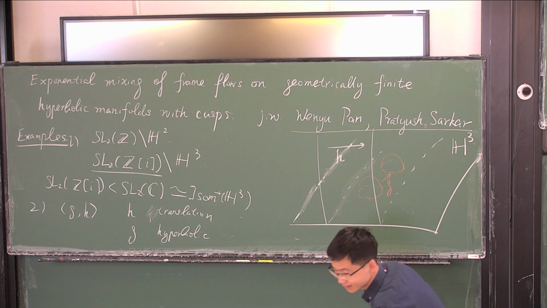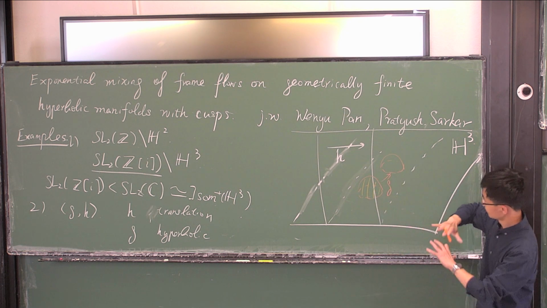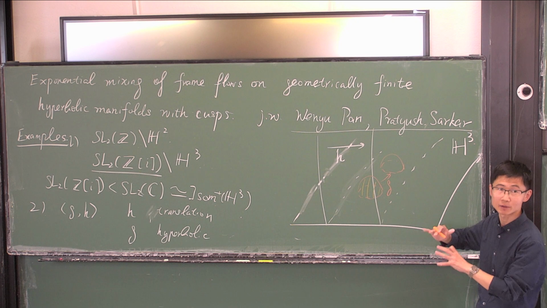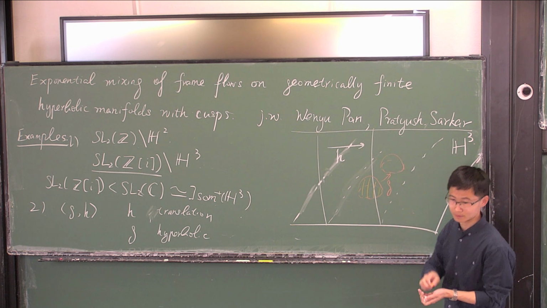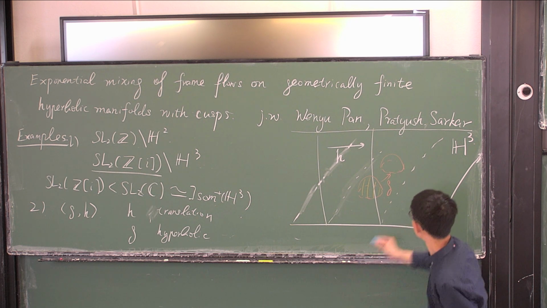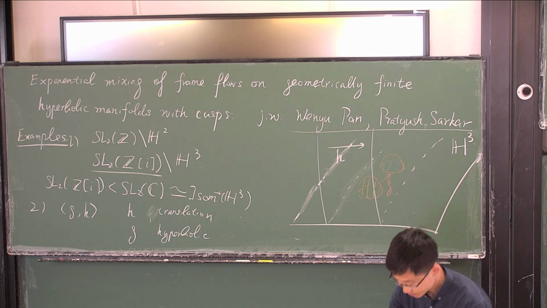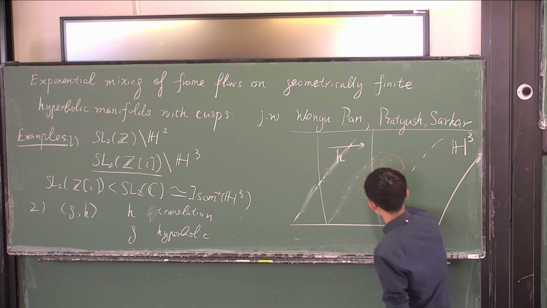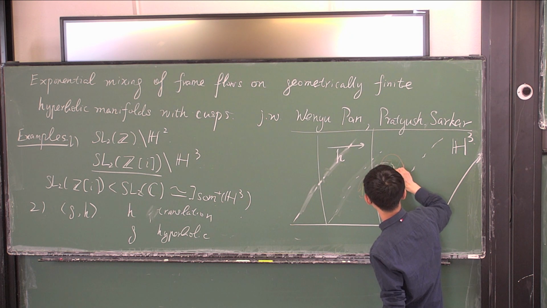Its action maps the inside of some half ball to the outside of this other half ball. There's some geodesic that goes inside one half ball, and it's translation along there. Yes, exactly. Thanks for the comment.